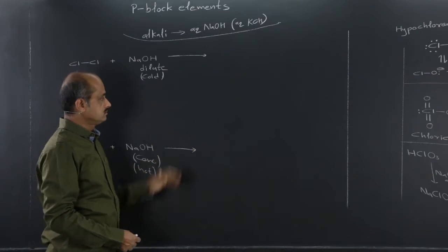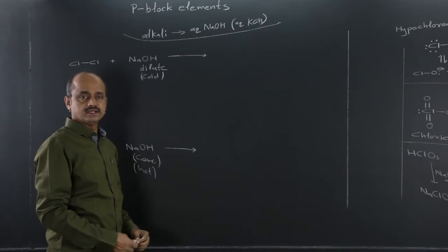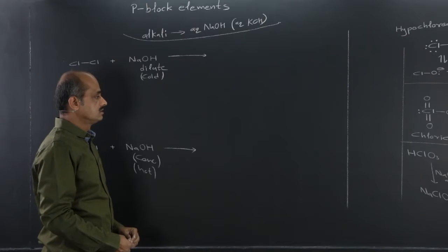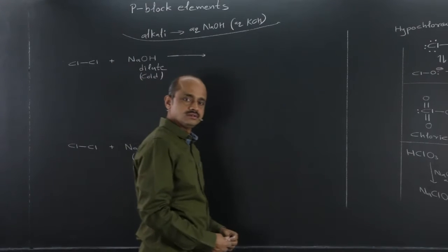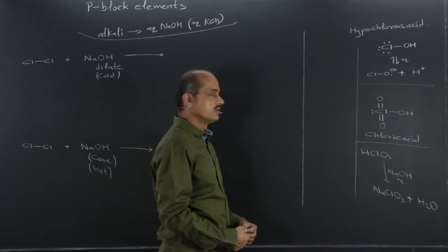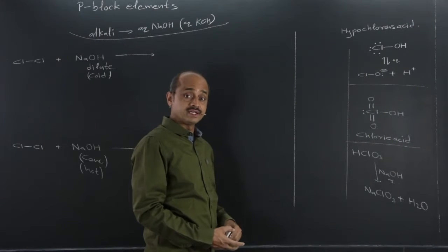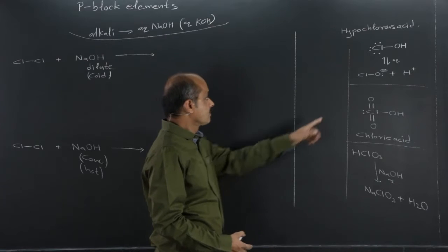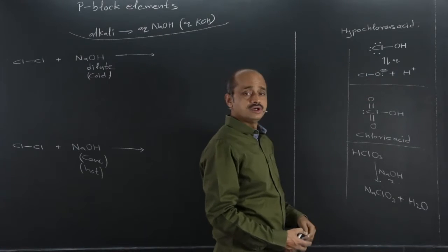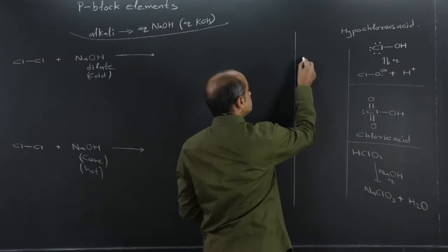Well, before going to the products and balancing, in less time we will revise what we have considered earlier. You have to go back and revise actually. This is hypochlorous acid, oxyacids of chlorine.